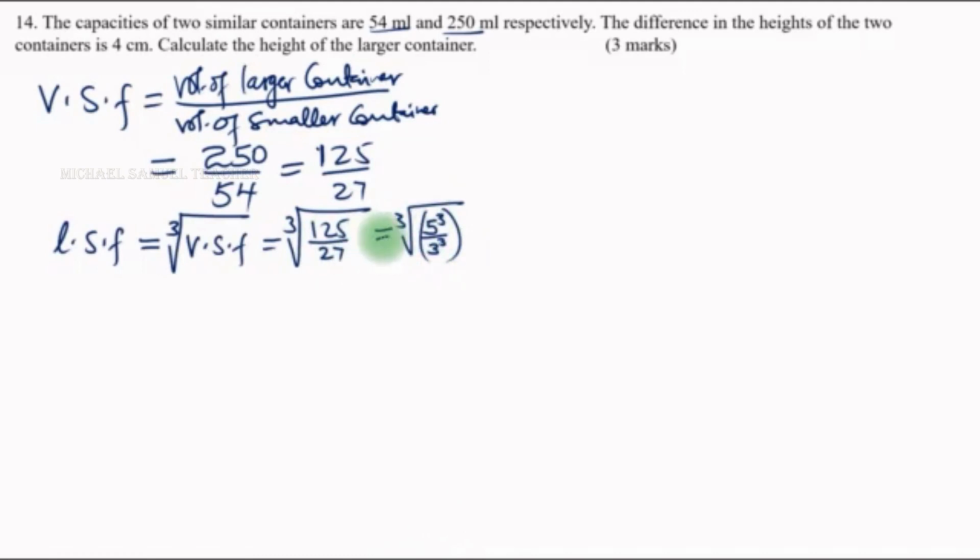Therefore, the cube root of 5 cubed is 5, and the other one is 3. So that is the linear scale factor. And since we don't know the height of the smaller, the difference of the height of the two containers is 4 centimeters. So let the height of the smaller container be x.